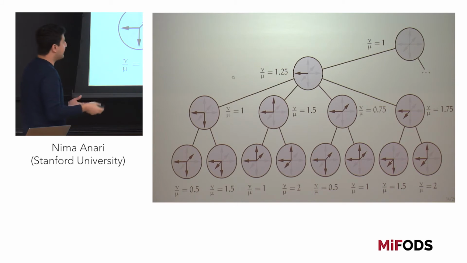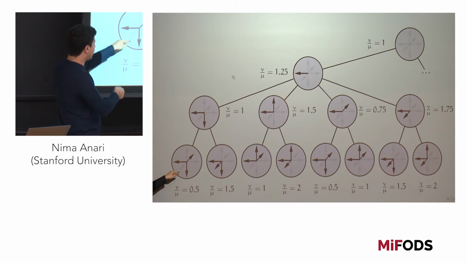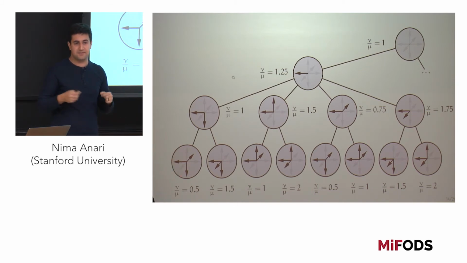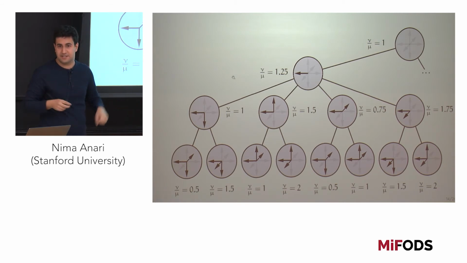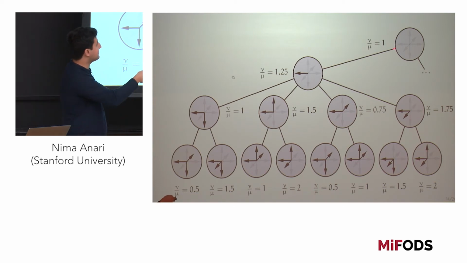My goal is to show that when you go from the k sets to k minus 1 sets, the variance of the numbers that you see decreases by a significant amount, and in fact by roughly a 1 over k fraction. How are you going to show that? You can just look at the variance of the numbers on the bottom and look at the difference of the variance at every level.